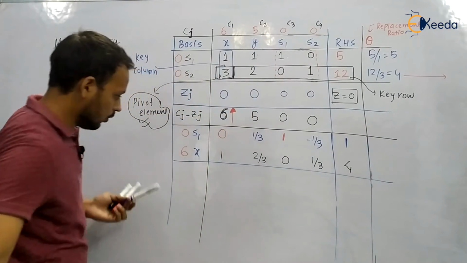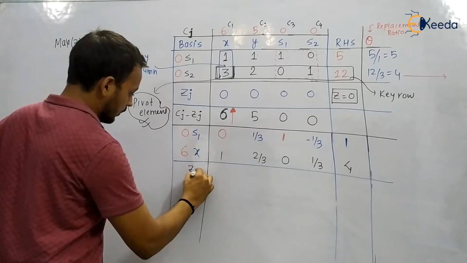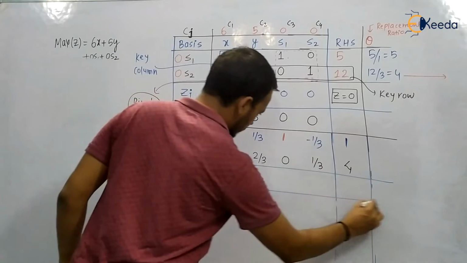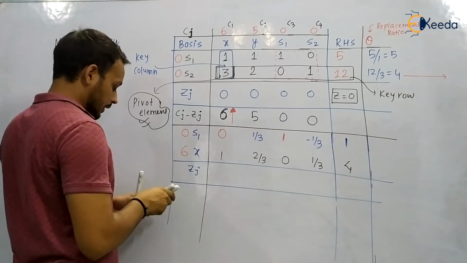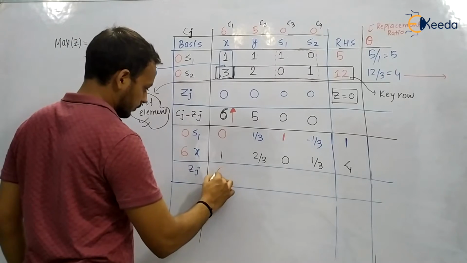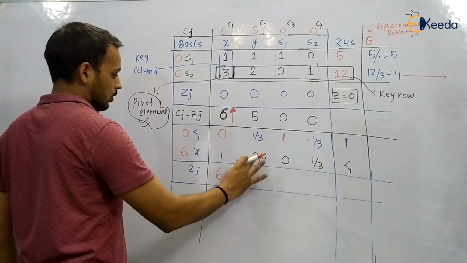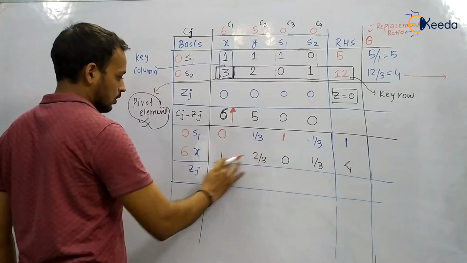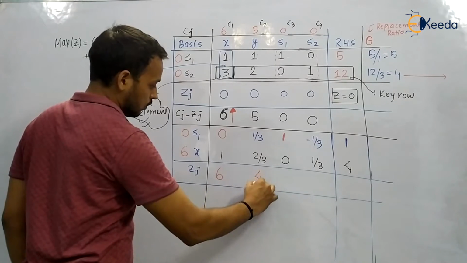Old minus new. Now what you have to do, just calculate the ZJ value. So the ZJ value is 0 into 0 plus 6 into 1, it is going to be 6. 0 into 1 by 3, 0 plus 6 into 2 by 3, so it is going to be 4.